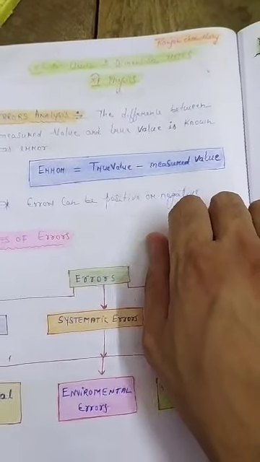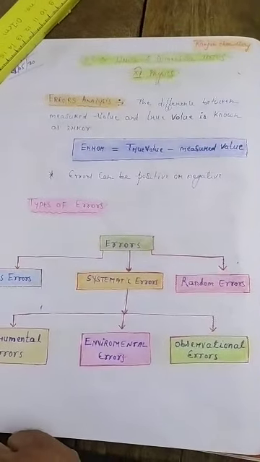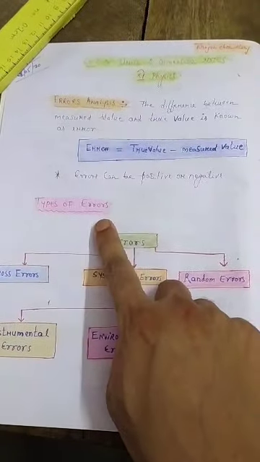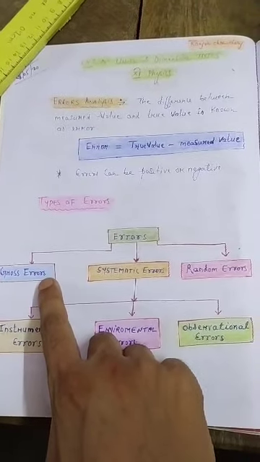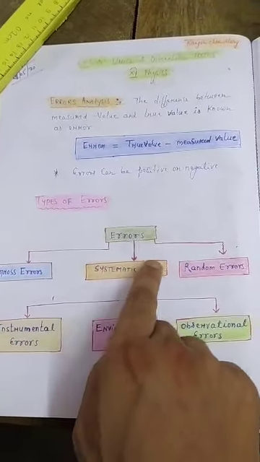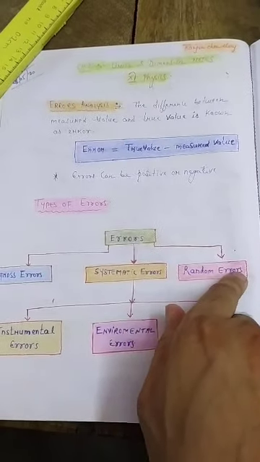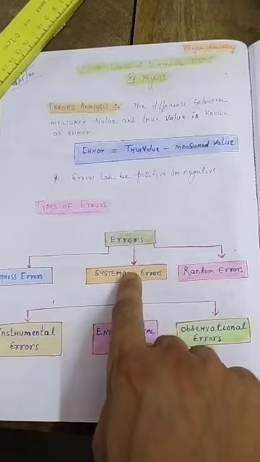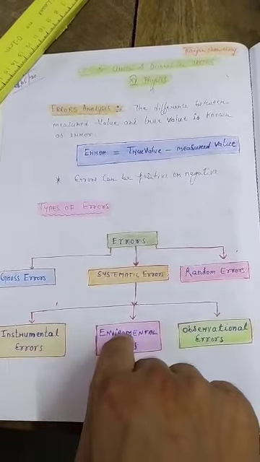Right? Now let us deal with the different types of errors. Different types of error. That is, first of all, gross error, second is systematic errors, and third is random errors. This systematic error is further classified into 3 parts.